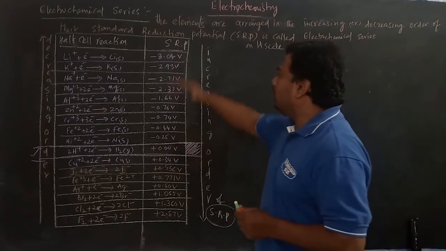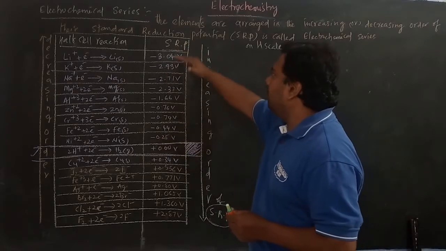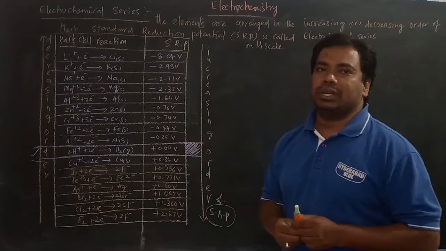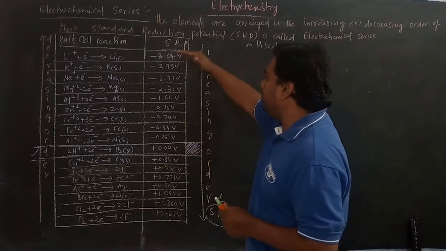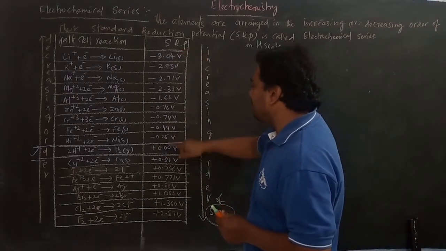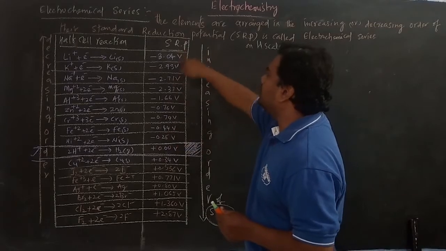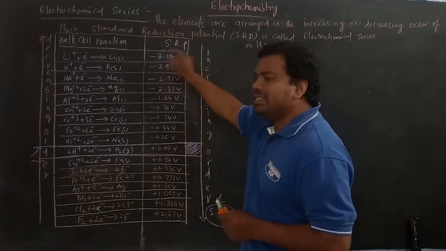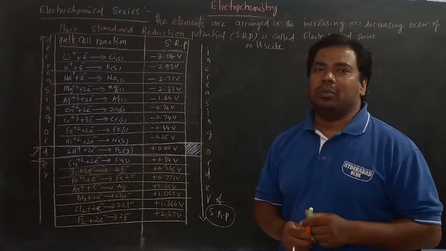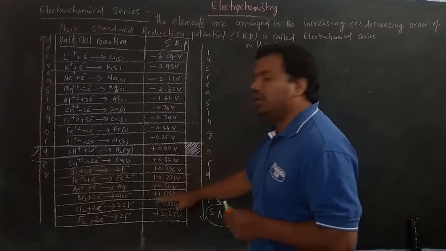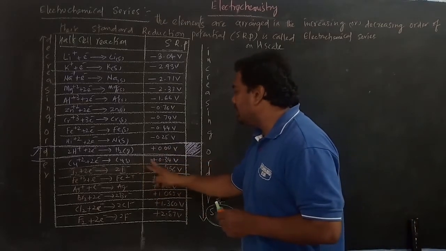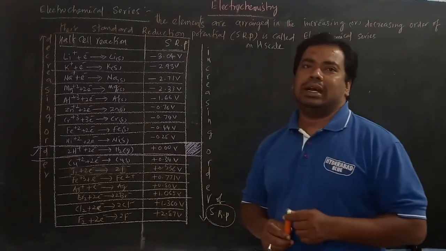Above the hydrogen scale, all the standard reduction potential values are assigned negative electrode potential. Below the hydrogen scale, all these electrode potentials have a positive sign.